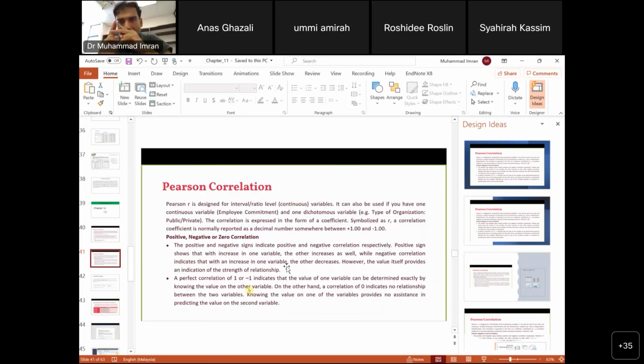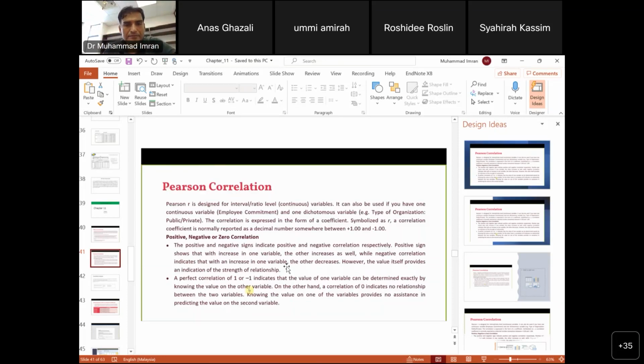If one variable is positive and the other is negative, it means if one is increasing, the other is decreasing. Understand, three conditions. And the fourth, if they have no relation, zero relation, it means they don't have a relation between the two variables.